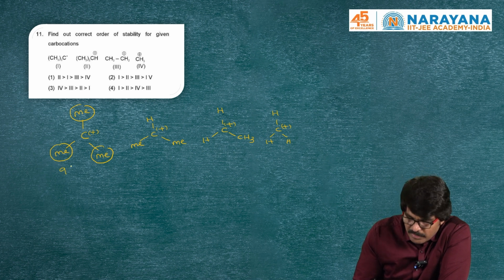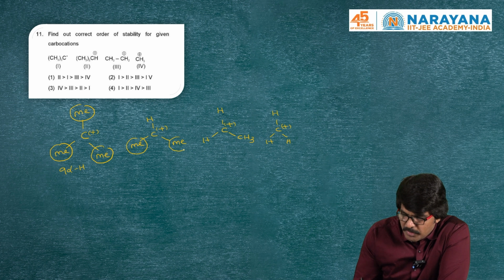Totally there are 9 alpha hydrogens. Here there are only 2 methyl groups, each containing 3, so that is 6 alpha hydrogens. And only 1 methyl group, 3 alpha hydrogens. And here no alpha hydrogens.